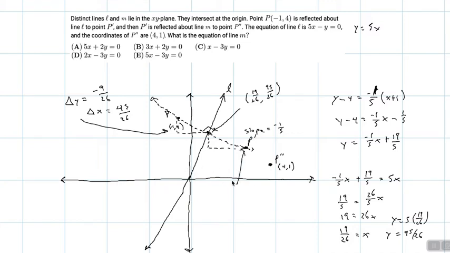So doing that, if we go from 19/26, 95/26, applying these changes in y and change in x, we're going to get the coordinate 64/26, 86/26, and simplifying, that's the same as the coordinate 32/13, and next 43/13.